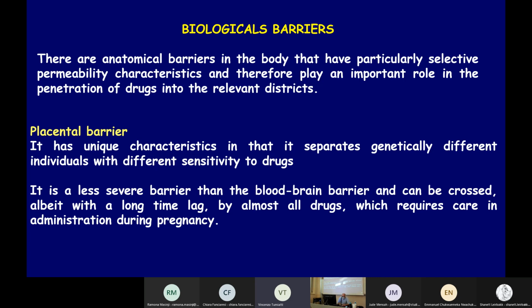The placental barrier is a barrier able to defend the fetus from the toxic compounds introduced by the diet, smoke, pollutants.